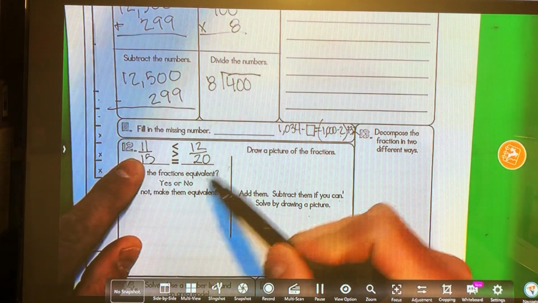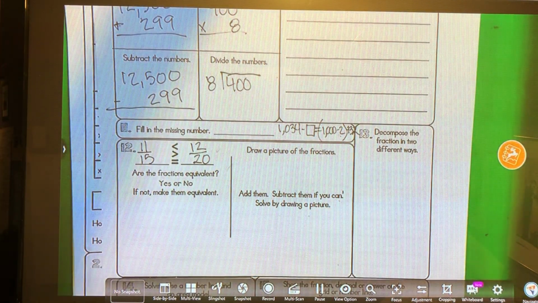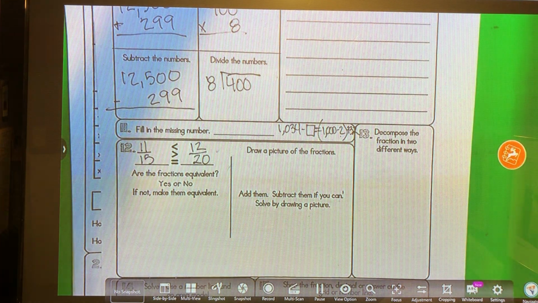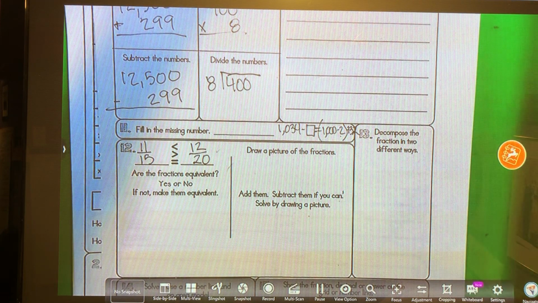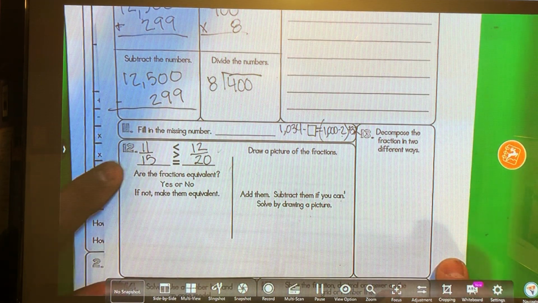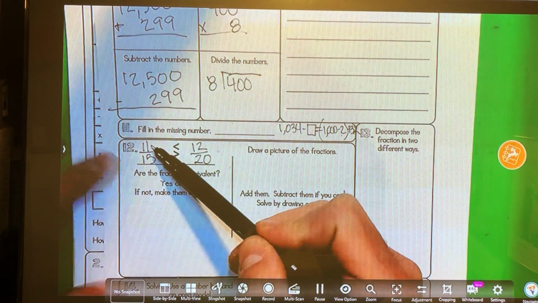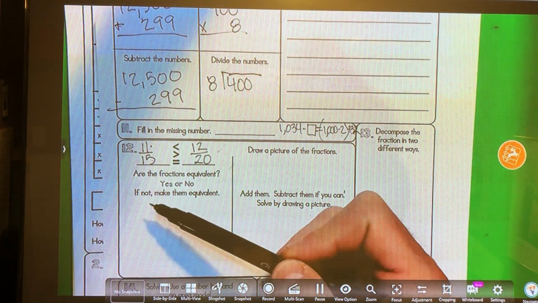You want to take these two fractions and put them into simplest form, okay? By doing so, you may or may not be able to use your fraction strips because I'm looking at 11/15 and 11 is a prime number.